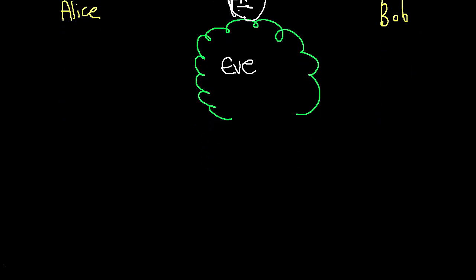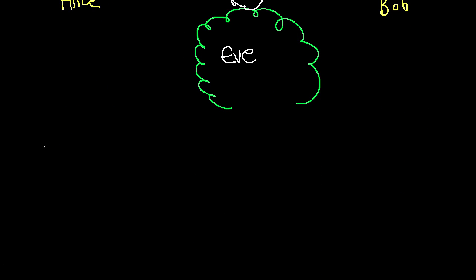Now, if we go ahead and encrypt the message, this here is going to be the function. This is going to be the encryption function. It's essentially going to be whatever technique you're going to apply to the message to make it look like something else, right? To make it non-understandable, if you will, by Eve. So if we were to go ahead and do that, this is the function applied to whatever message Alice wants to send to Bob.